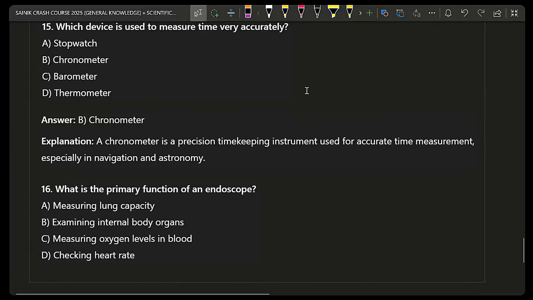Measuring lung capacity, examining internal body parts, measuring oxygen levels in blood, checking heart rate.